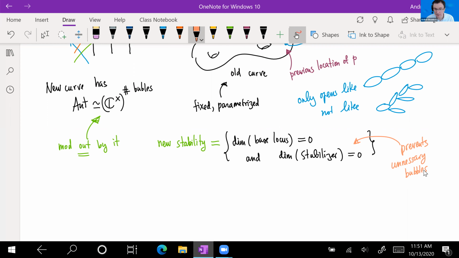If you blow up one time you don't need, you're going to get a constant map with no singularities and your marked point, and that has automorphisms. So we don't want that.